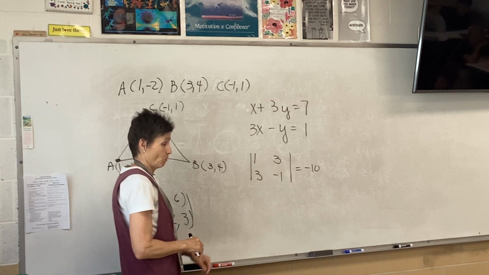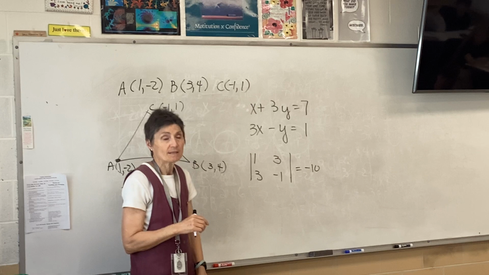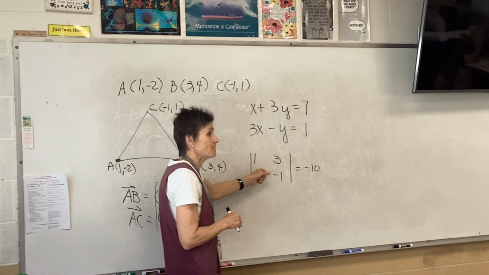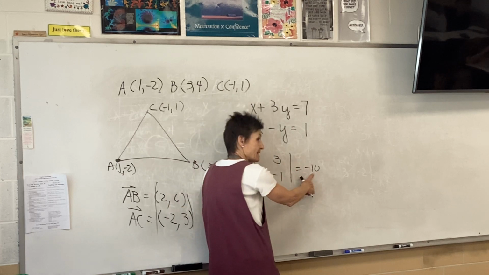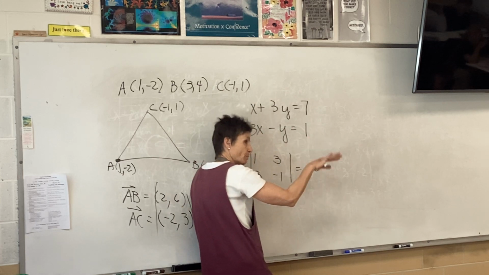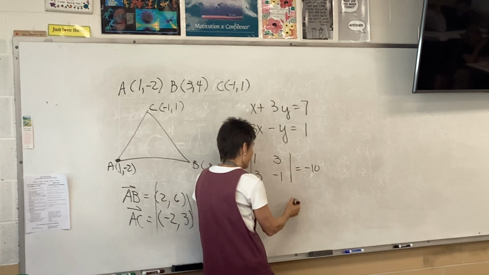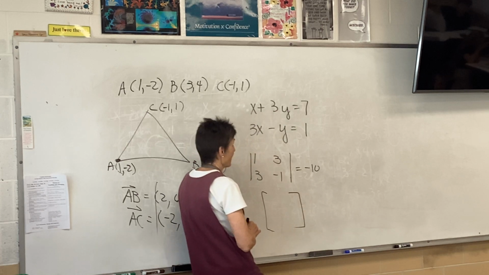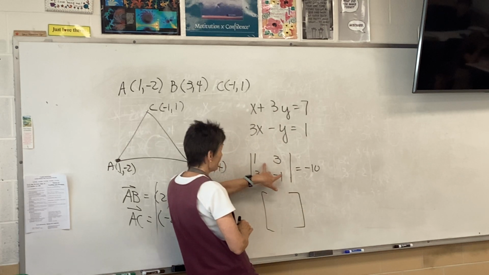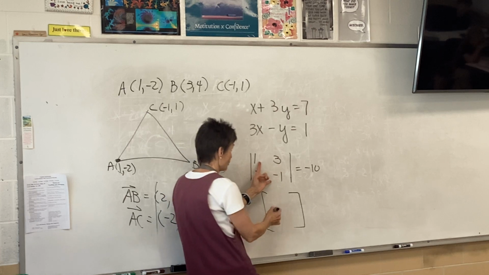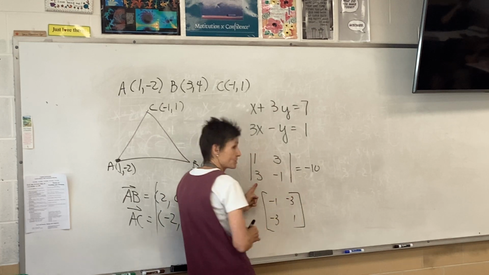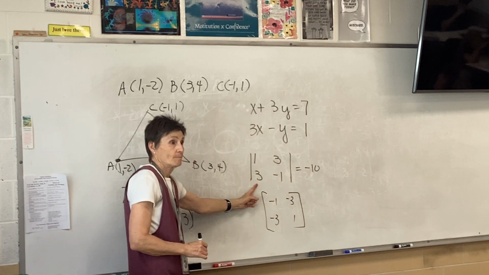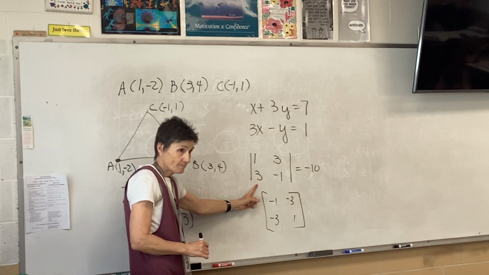Okay? Now, we're doing the inverse method, so we have to find the inverse of this matrix. The first step to finding the inverse is doing the determinant. We've done that. Now we're going to build a new matrix. And remember how we do that? We build it by switching these two and changing the signs on those two. Right?